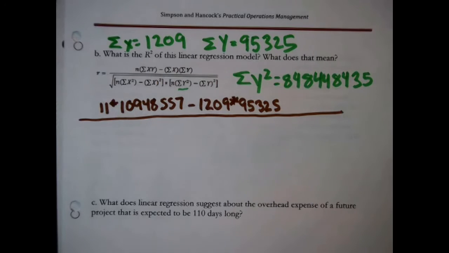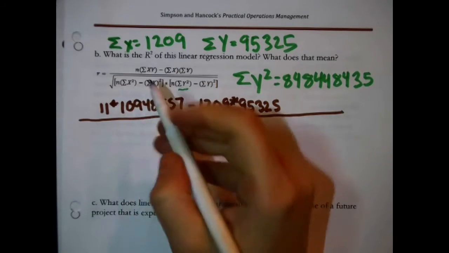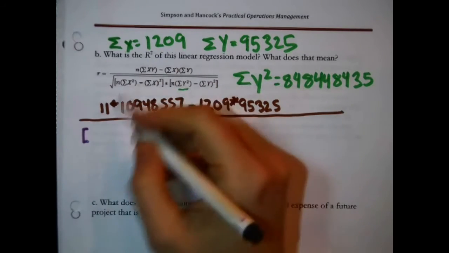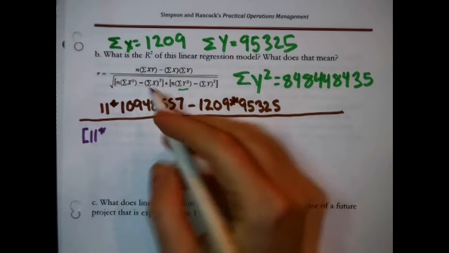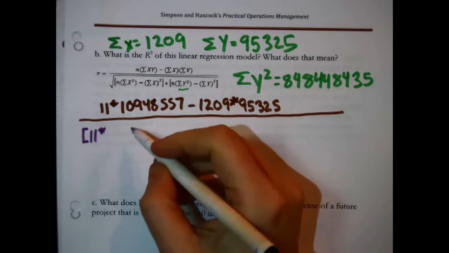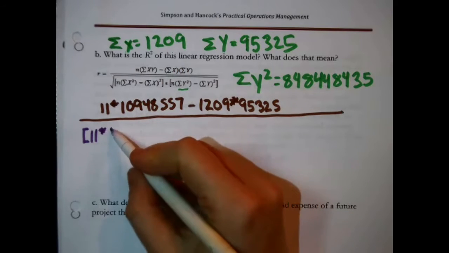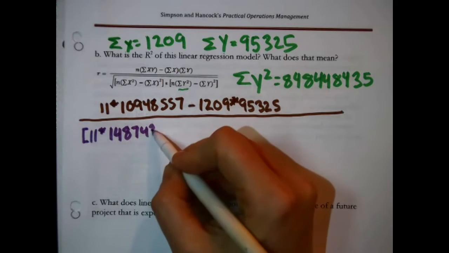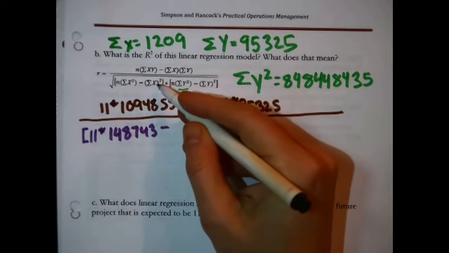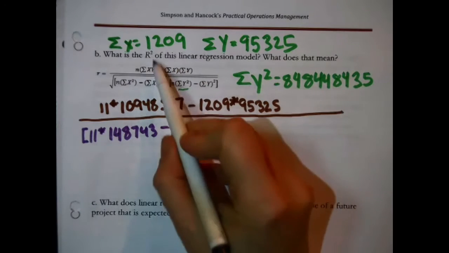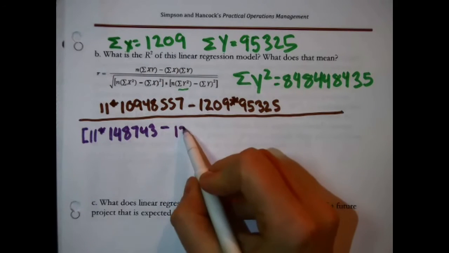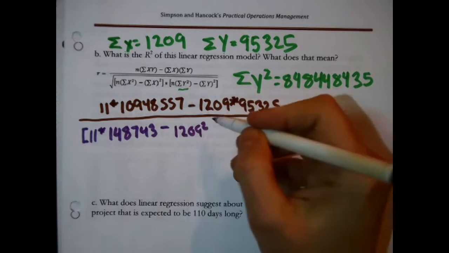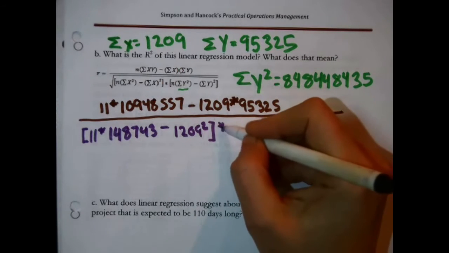The denominator is a little more complicated. Let's work this part right here in these first square brackets. 11 times, that is the sum of x squared. We saw that last time. That's 148,743 minus the sum of x squared, meaning take this number, the sum of x, 1209, and square it. Okay, that's that part.